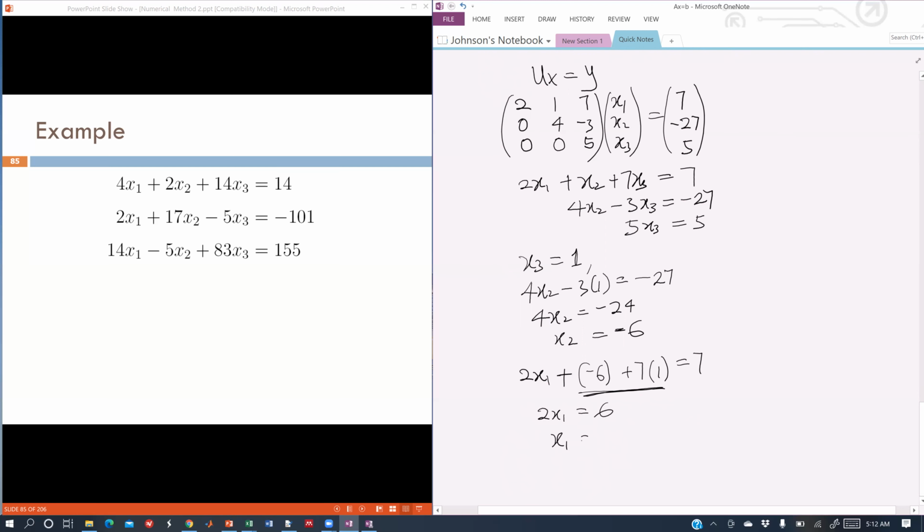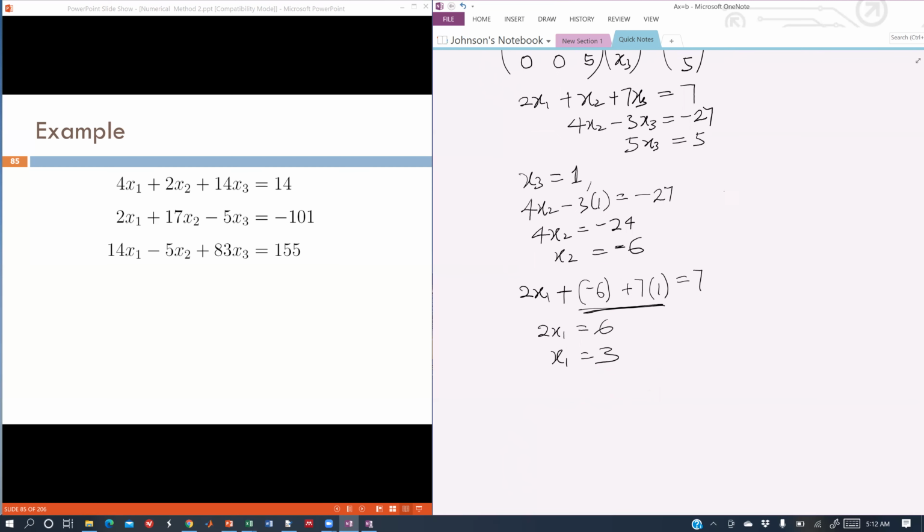And so our x1 is equal to 3. That means our solution vector x, which is x1, x2, x3, is actually given as 3, negative 6, 1. This is the solution we are looking for. 3, negative 6, 1. And that is what we are solving for.